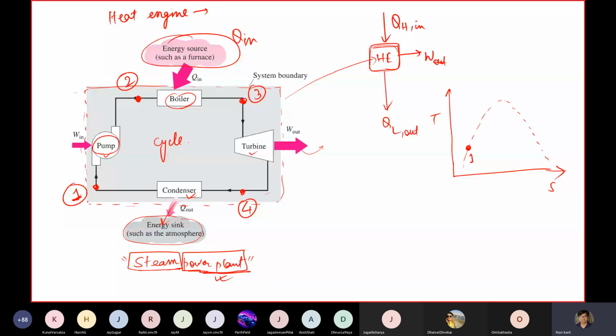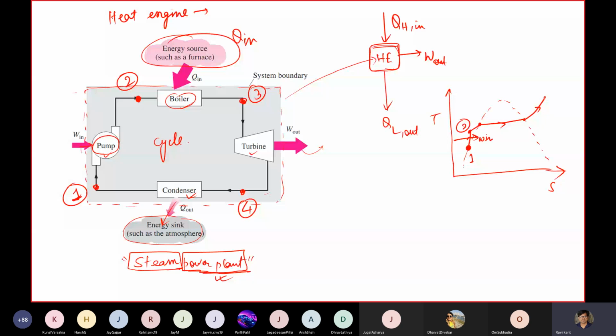Basically this is your 2. From 1 to 2 you are giving some small work. This is your W in, since the pump also requires some work, and it goes from here until you reach 3.